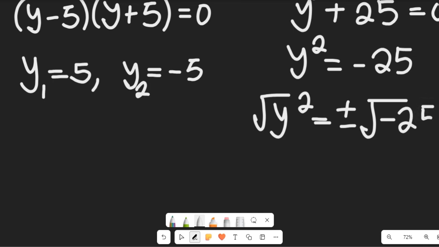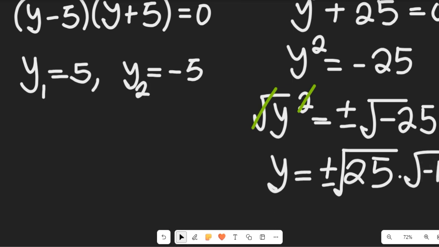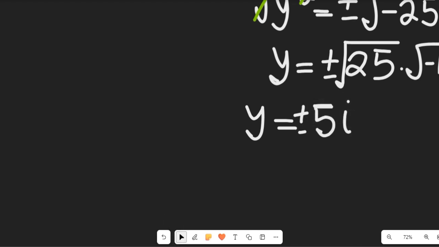So we'll have y equal to plus or minus the square root of 25 multiplied by the square root of negative 1. And the square root of negative 1 will definitely give us i. That will be equal to plus or minus 5i.